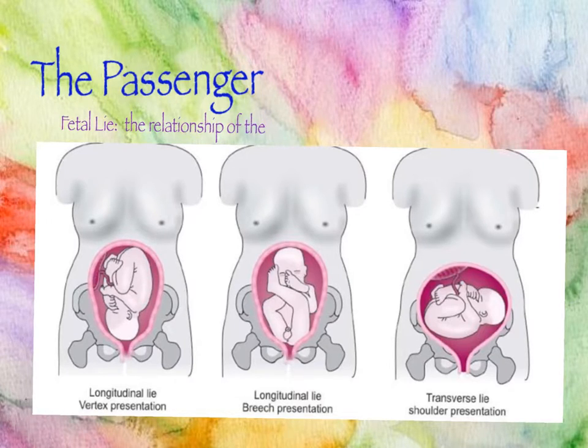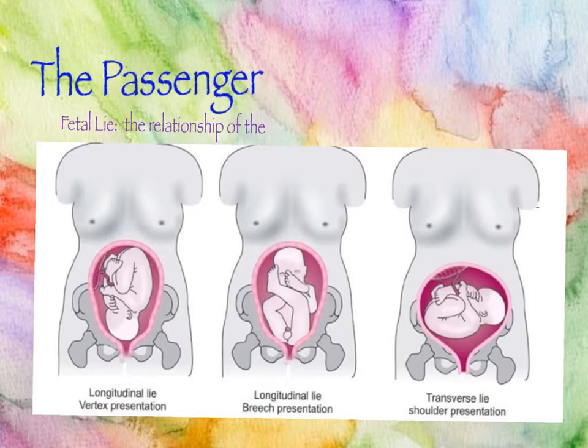Sometimes they can turn that baby head first. And sometimes they can do an internal version, and that is more common when you have a twin. Maybe twin A was vertex and they delivered twin A vaginally, then they reach up and they turn baby B from a transverse lie into either a vertex or breech presentation.